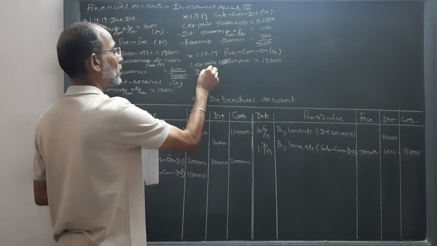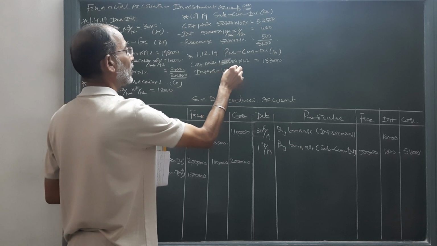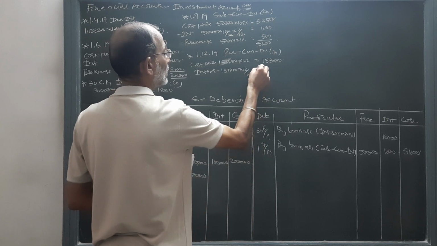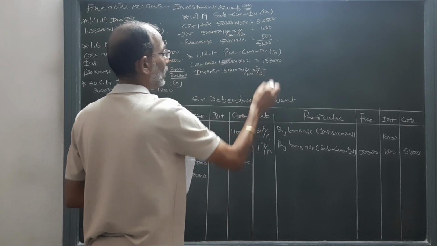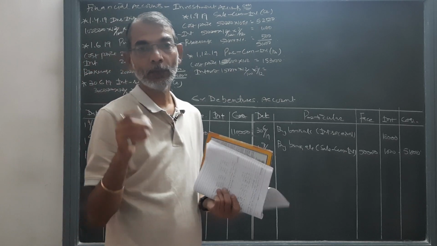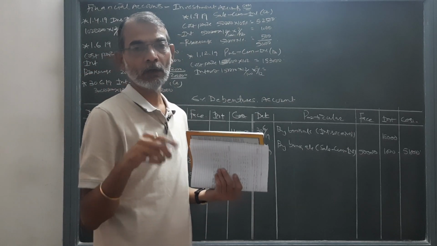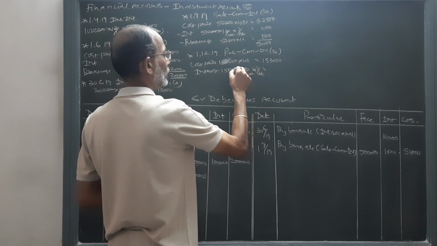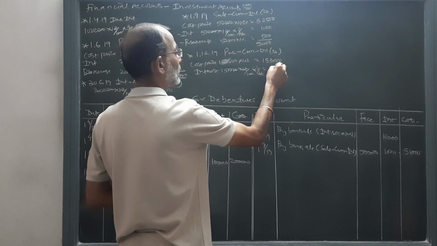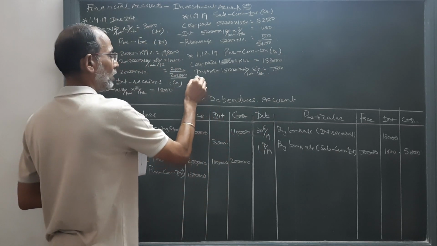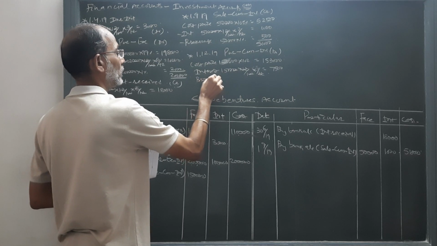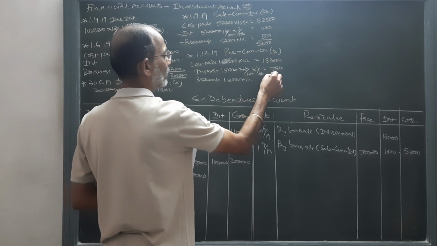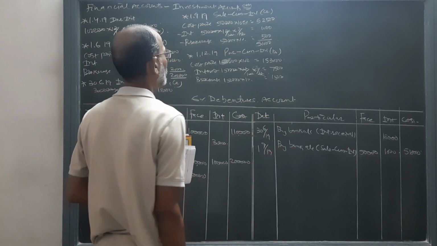Interest on 1,50,000 at 12 percentage for 5 months, July, August, September, October, and November, will be 7,500. Brokerage on 1,50,000 at 1% will be 1500.